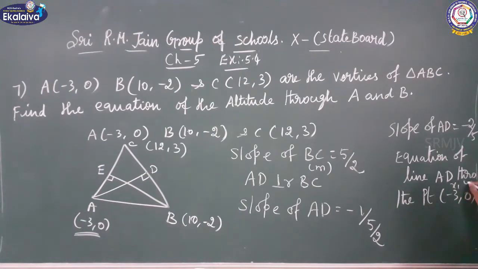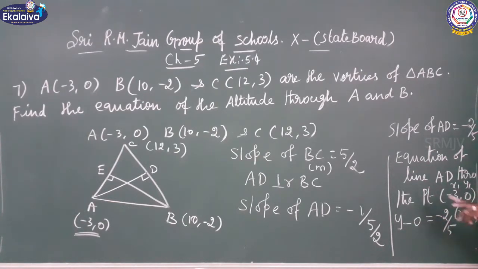This is x1 and this is y1. So what is the formula? y minus y1, y1 is 0, equals m, the slope of AD, minus 2 by 5, into x plus 3, because minus into minus becomes plus.